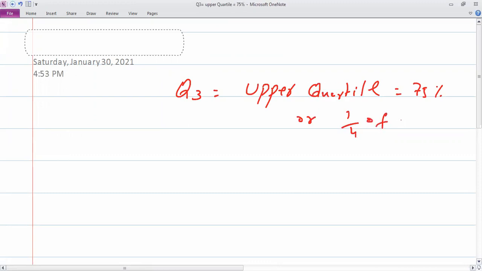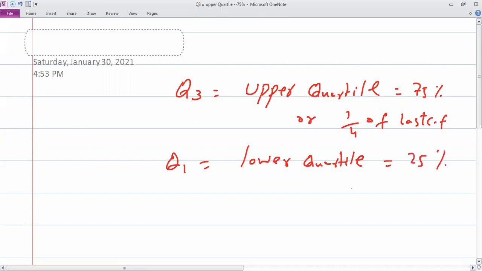And Q1, the lower quartile, is 1 over 4, or 25%, of the last cumulative frequency.